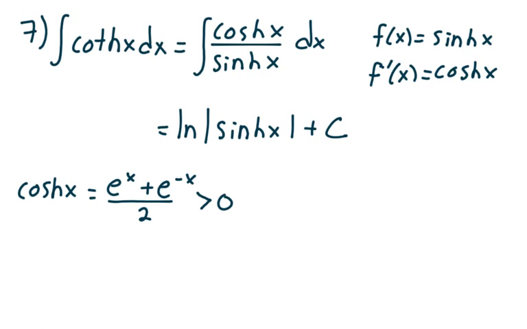And so I don't ever have to worry about the hyperbolic cosine of x being negative. And then if you look at hyperbolic sine of x, this is e to the x minus e to the negative x divided by 2. And there are values of x for which hyperbolic sine of x is indeed negative. So I do have to worry a bit about that.